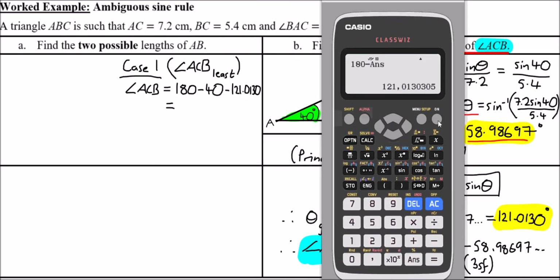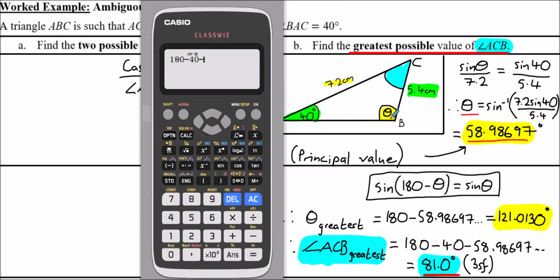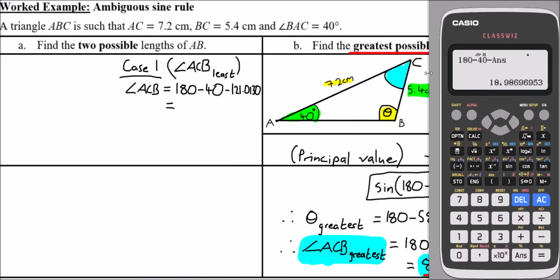So 180 minus 40 minus the greatest possible option for theta, which was 121.0 and such, it could be that the angle at C was actually 18.98696 and such.